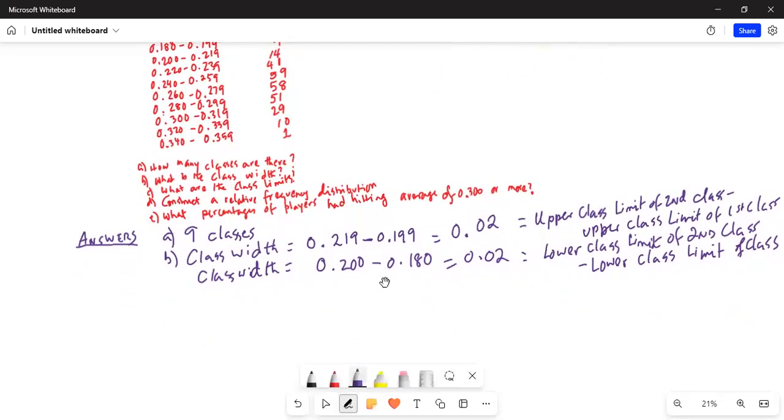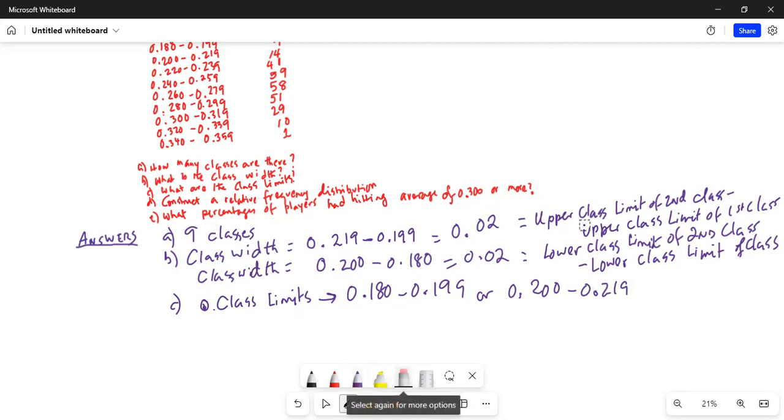Class limits, for example, I'll just list a few: 0.180 to 0.199, or 0.200 to 0.219, which is the second class. So these are the class limits.